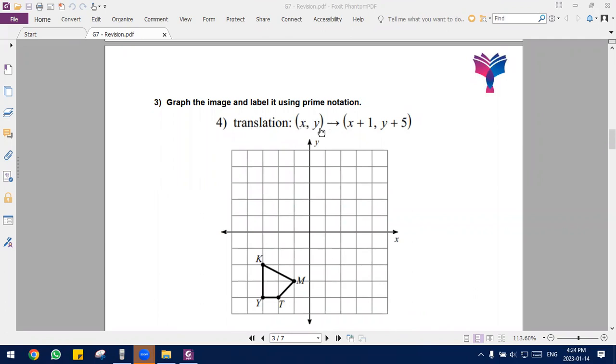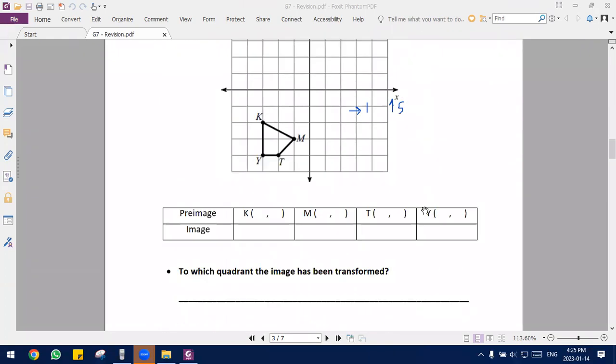Translation (x, y) changed to (x + 1, y + 5). What does that mean? It means go one step to the right, and then y plus 5 means go up 5 steps. Now that's what I have to do.